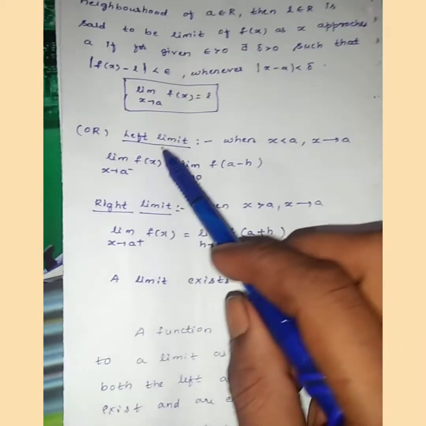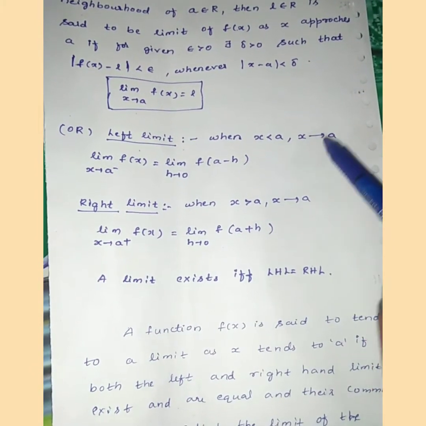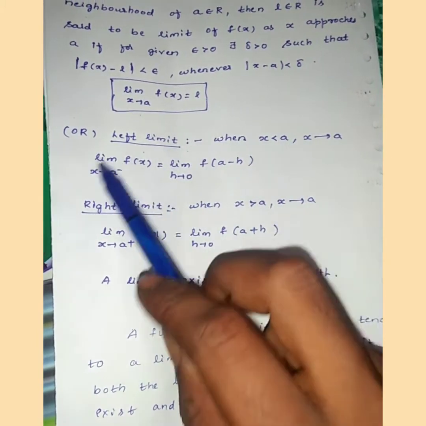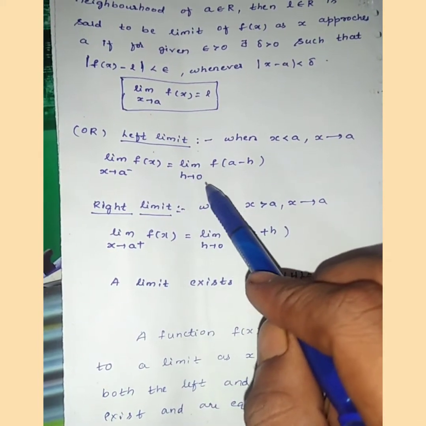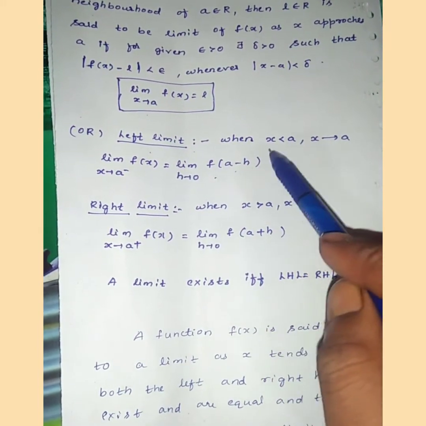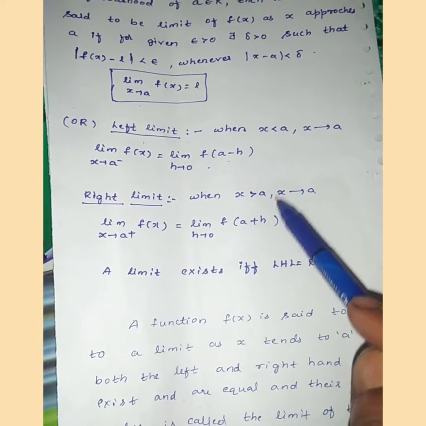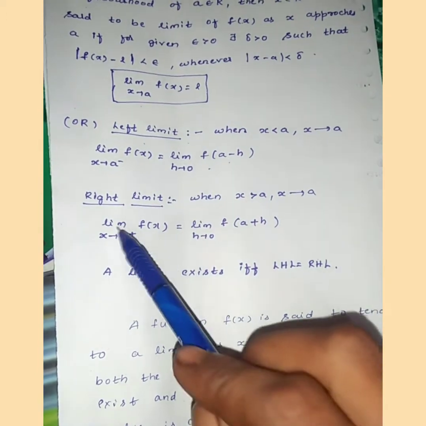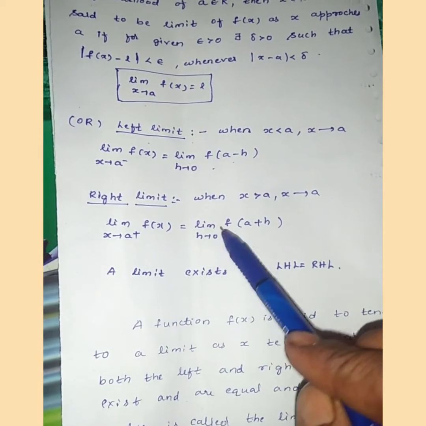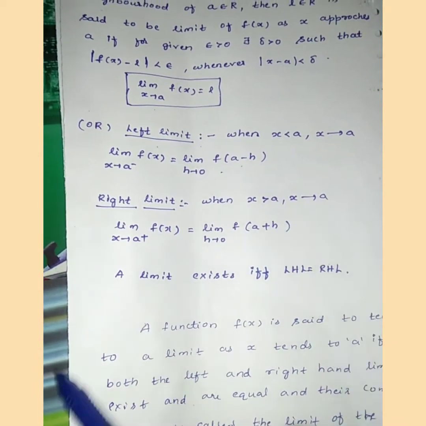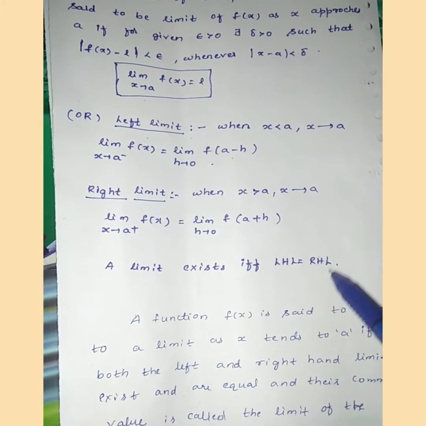That is, left hand limit when x is less than a and x approaches a: limit x tends to a minus f of x is equal to limit h tends to 0 f of a minus h, and right hand limit is when x is greater than a and x approaches a: limit x tends to a plus f of x is equal to limit h tends to 0 f of a plus h. A limit exists if and only if left hand limit equals right hand limit.